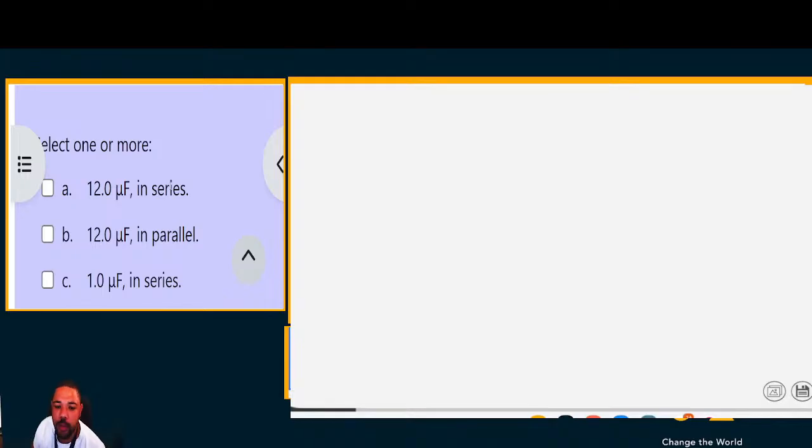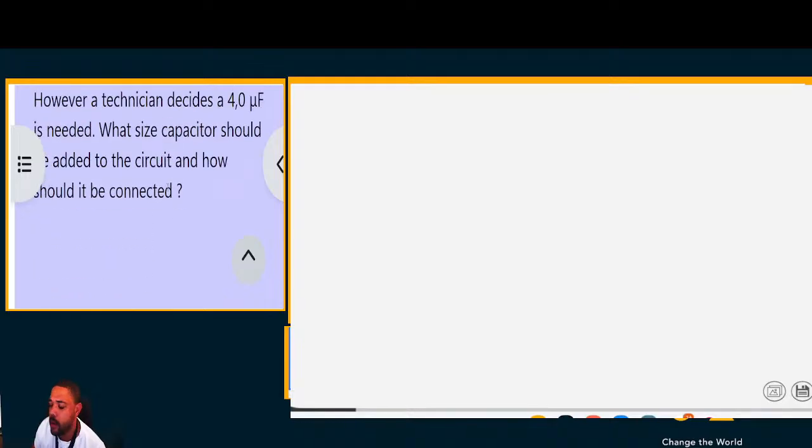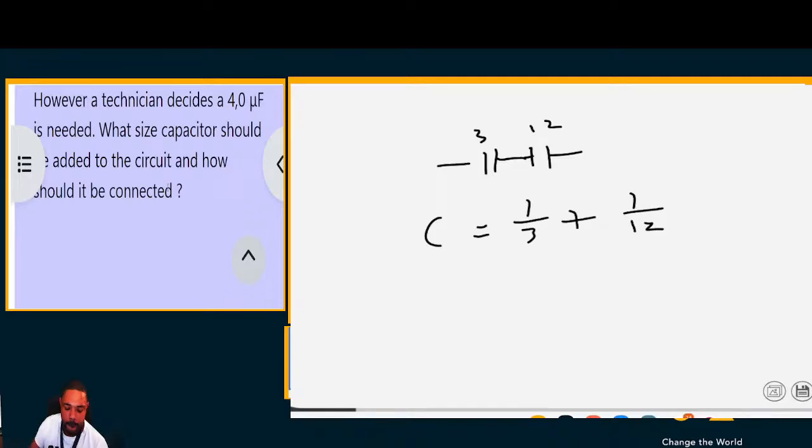We have initially a 3, and we add the other one, 12, in series. How do we add capacitance in series? It's equal to 1 over 3 plus 1 over 12.